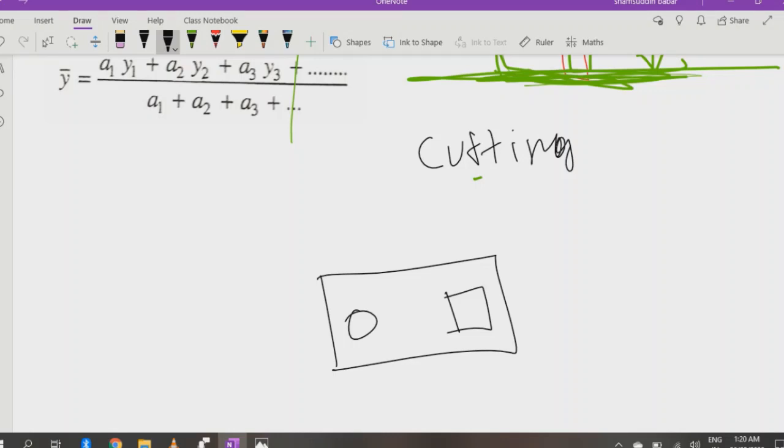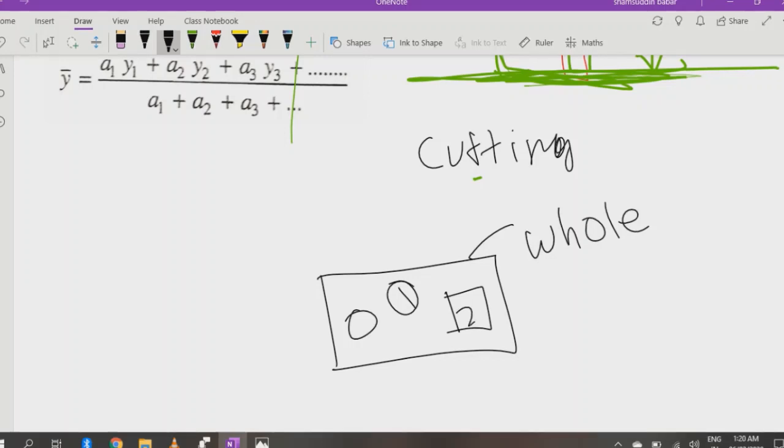This first section, your section number 1, is the whole rectangle. Section 2 is this inner triangle, and section 3 is your circle. These are 3 figures in this cutting section.